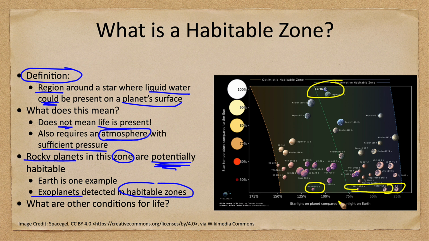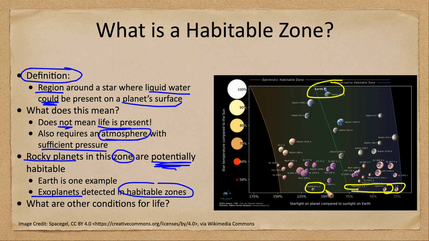Now, how much you want to consider, you can consider there's an optimistic and a conservative estimate. If you want to be careful, that's the green to the blue line. If you want to be a little more optimistic, you can move down to the red as to whether those would be able to have water. Here we're looking at the temperatures relative to the sun. So the TRAPPIST-1 system is around a very cool star as compared to our sun here at 100% of the temperature of the sun.